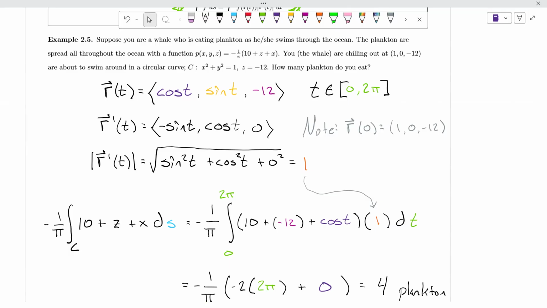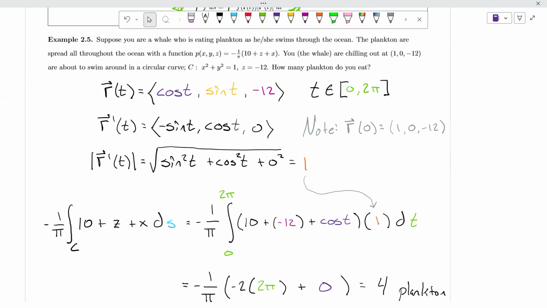Once I get my parameterization, which includes my parameter, I should now have bounds for my integral. In this particular case, we know we're going to go all the way around a circle, so my bounds are 0 to 2 pi. You'll notice I've switched from ds over to dt, because now I'm looking at small changes along my parameter instead of along my curve, but I'm translating those small changes in my parameter to changes on the curve via the magnitude of that parameterization tangent vector.